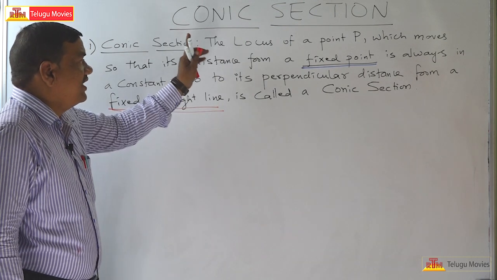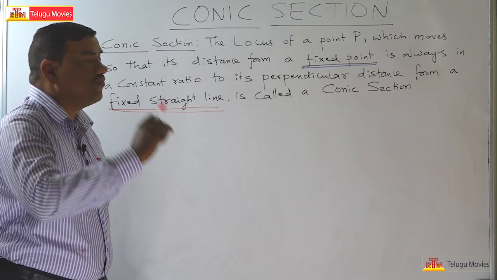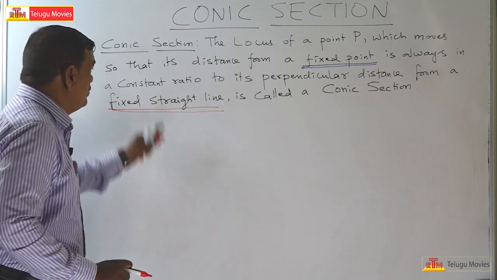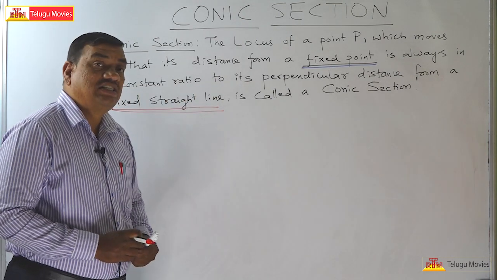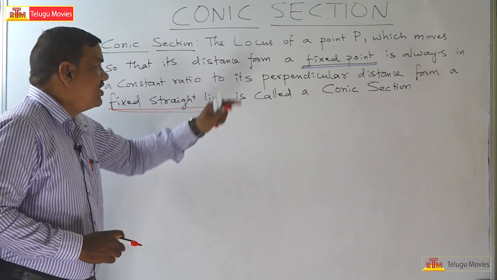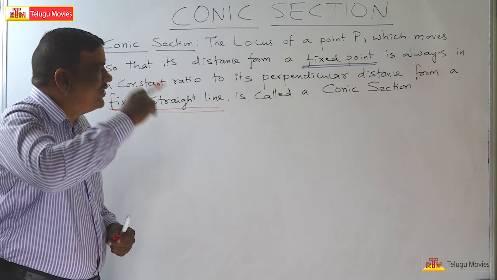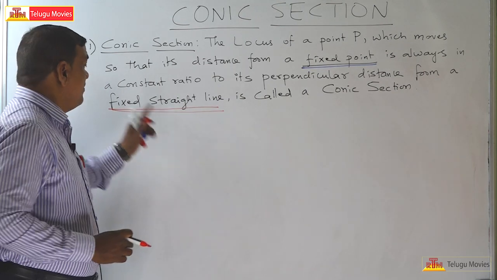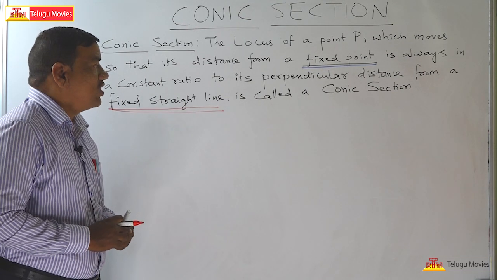Once again, I am reading the definition. The locus of a point P which moves so that its distance from a fixed point is always a constant ratio to its perpendicular distance from a fixed straight line is called a conic section.